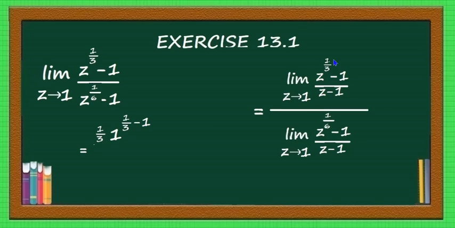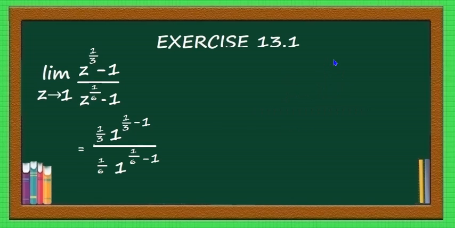And similarly in the denominator, n is 1 by 6, a is 1, and it's equal to 1 by 6 into 1 to the power 1 by 6 minus 1. And you can simplify further, that is 1 to the power anything is 1, and it's 1 by 3 divided by 1 by 6, and that's equal to 6 by 3, which is equal to 2, and this is the limit of this function.